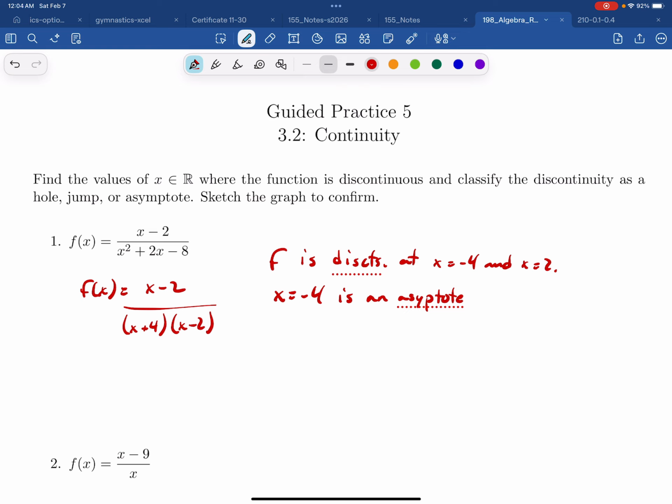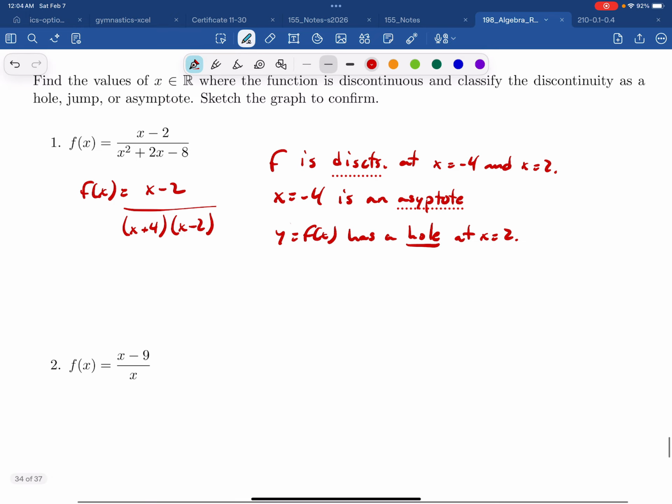However, for x equals 2, I guess I'll say the graph y equals f of x has a hole at x equals 2. And what do I mean? Well, if you graph this, the graph is going to look something like this.